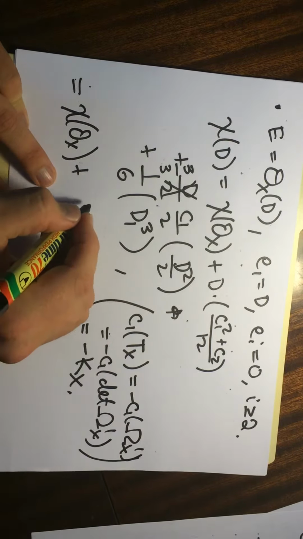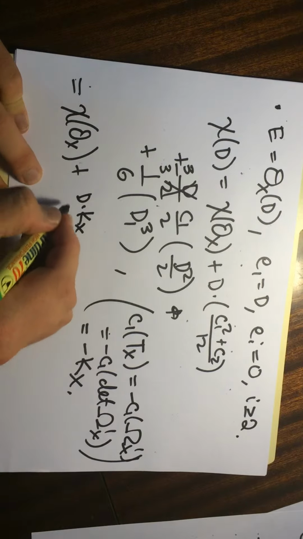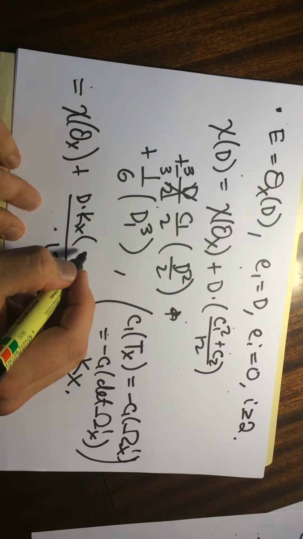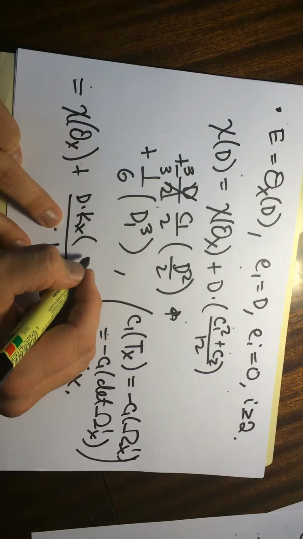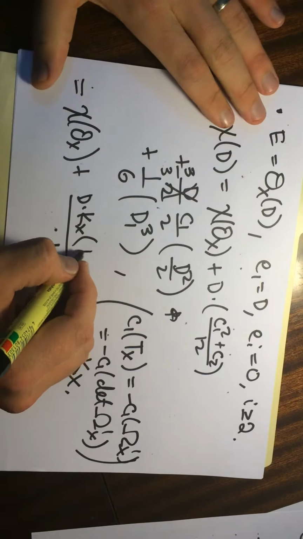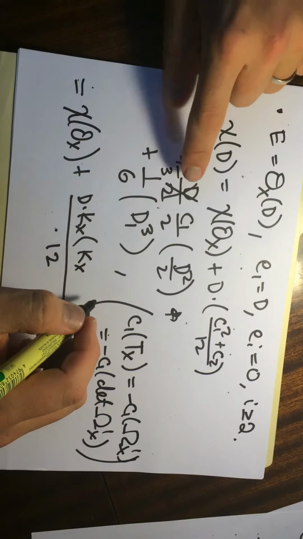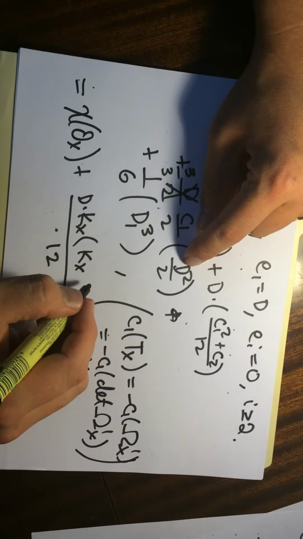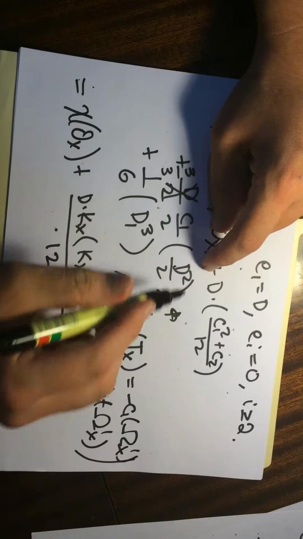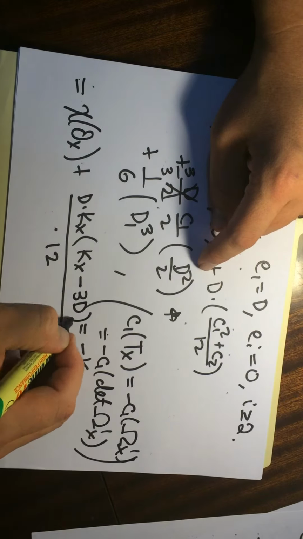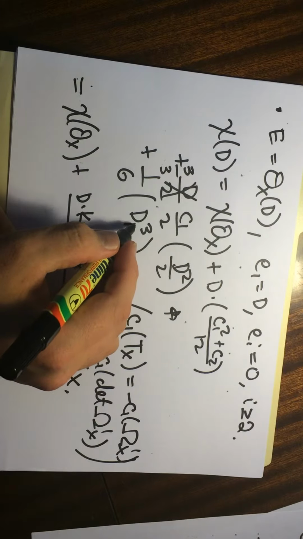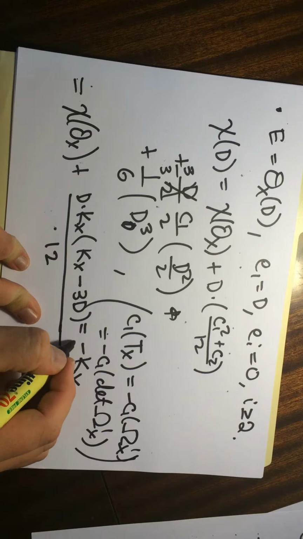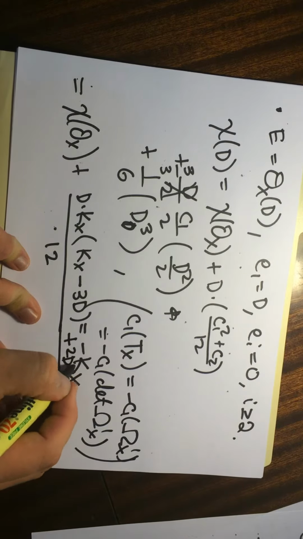So this is D dot K of X over 12. And then we had K of X here, and 3 times whatever was left over here, which was D. So minus 3D, plus D, and then we had the 12, so I could say plus 2D cubed.